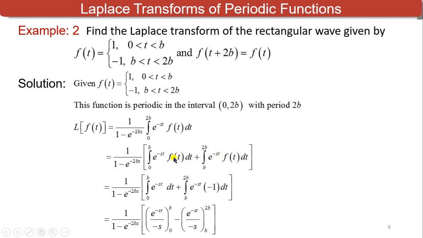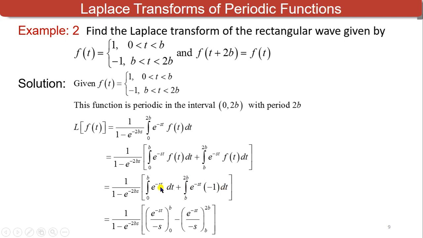Now replace 1 here, and minus 1 for the second integrand. So 1 by 1 minus e power minus 2bs into the integral over the limit 0 to b of e power minus st dt plus the integral b to 2b of e power minus st into minus 1 dt.